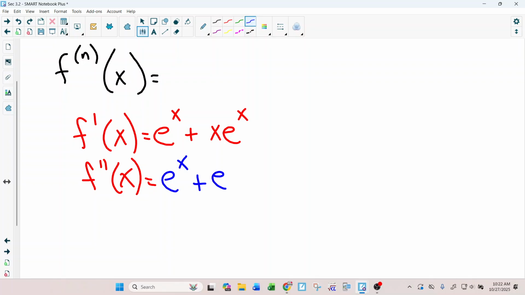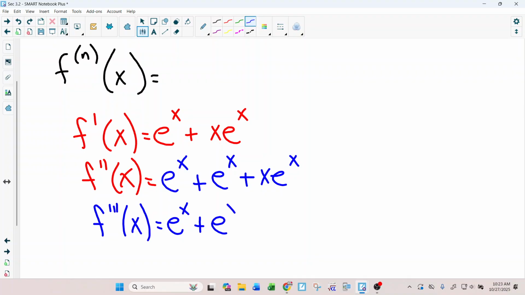So then we'd get e to the x plus x e to the x. So what would our third derivative be? E to the x plus e to the x plus e to the x plus x e to the x.